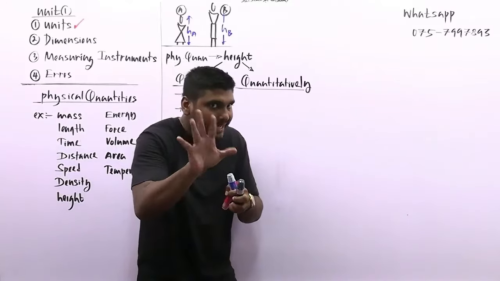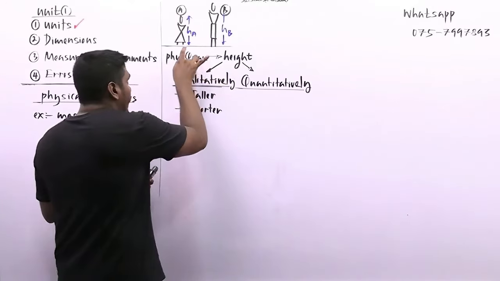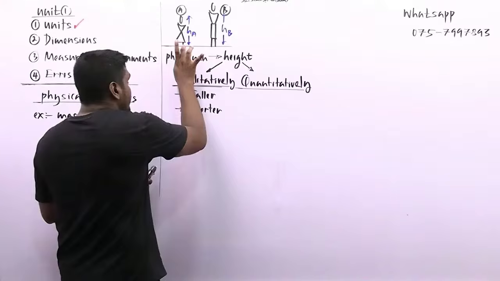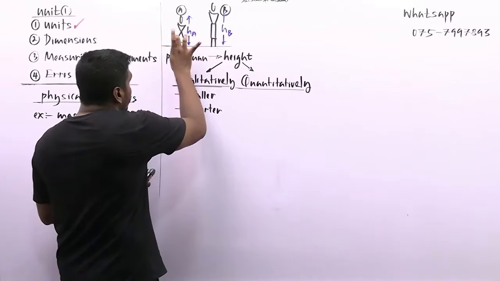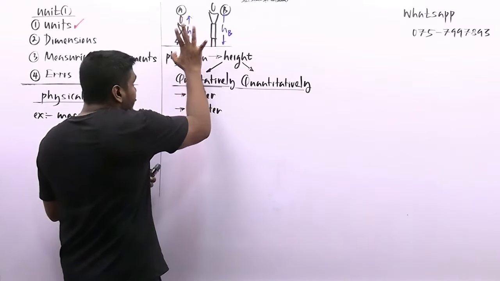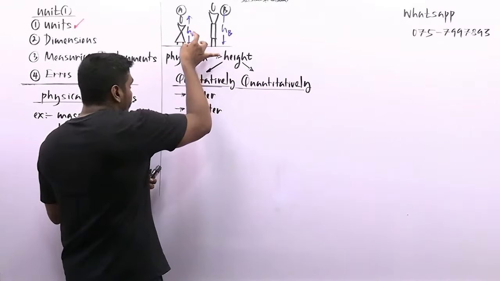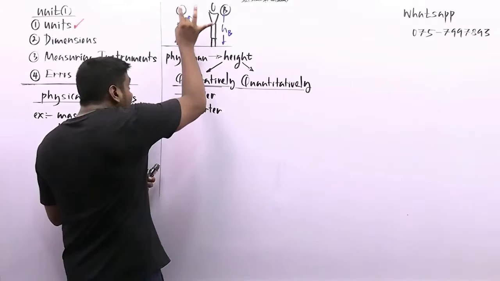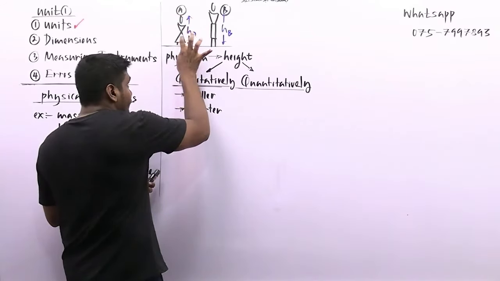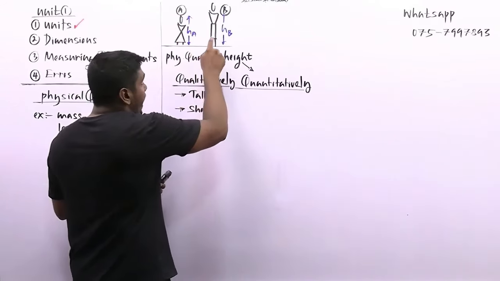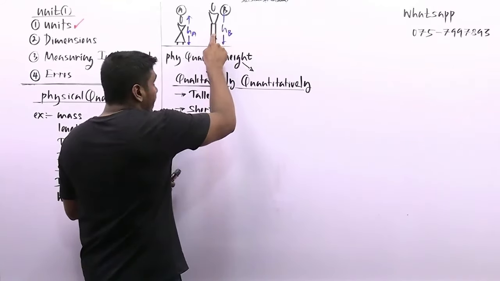So if you say, sir, the height of person A is for example 125 centimeter. If you are measuring using a unit, the height of person A is 125 centimeter, and the height of person B is 150 centimeter.